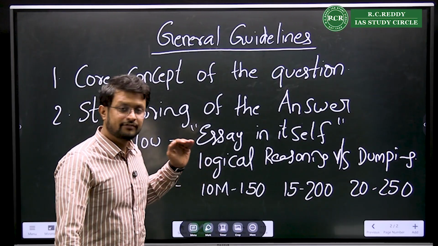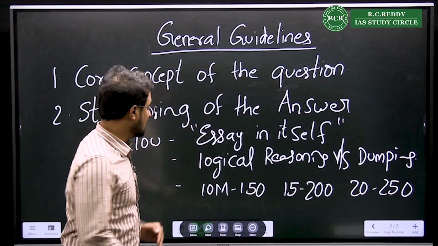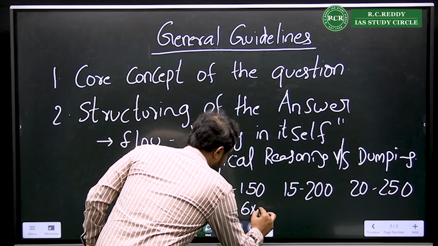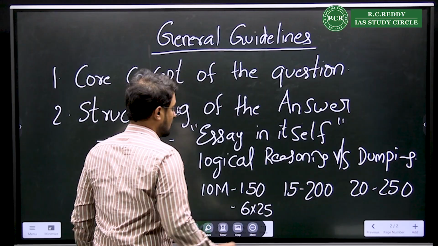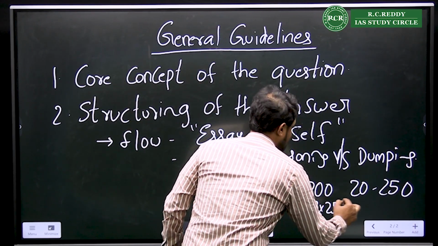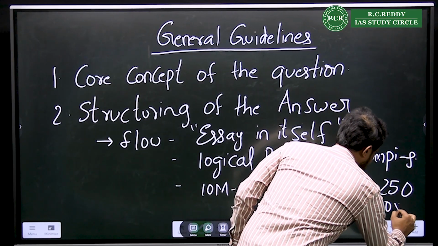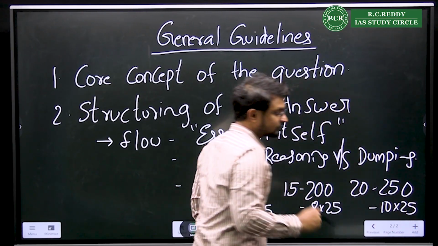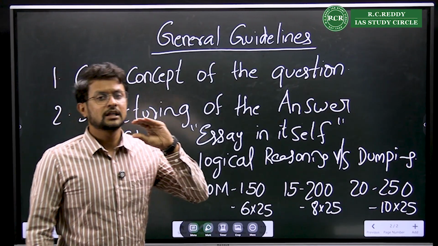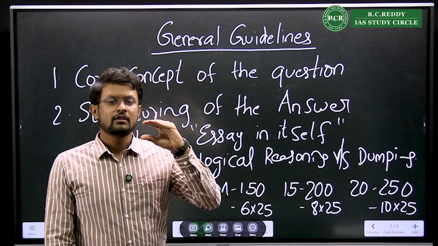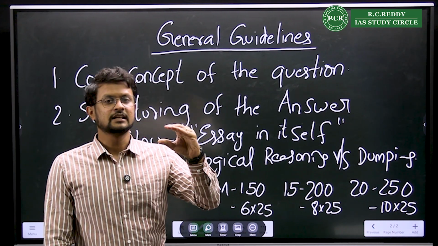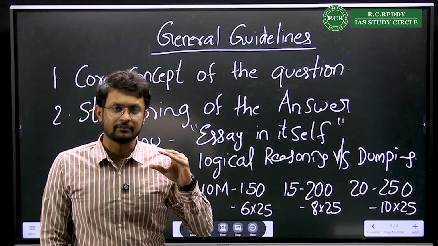So 150 words would give you nearly 6 paragraphs of 25 words, 200 words 8 paragraphs of 25 words, and 250 words 10 paragraphs of 25 words, right? 25 words is an optimal size for your paragraph, where you would be writing a 4-line short paragraph with 6 words in each line, right?